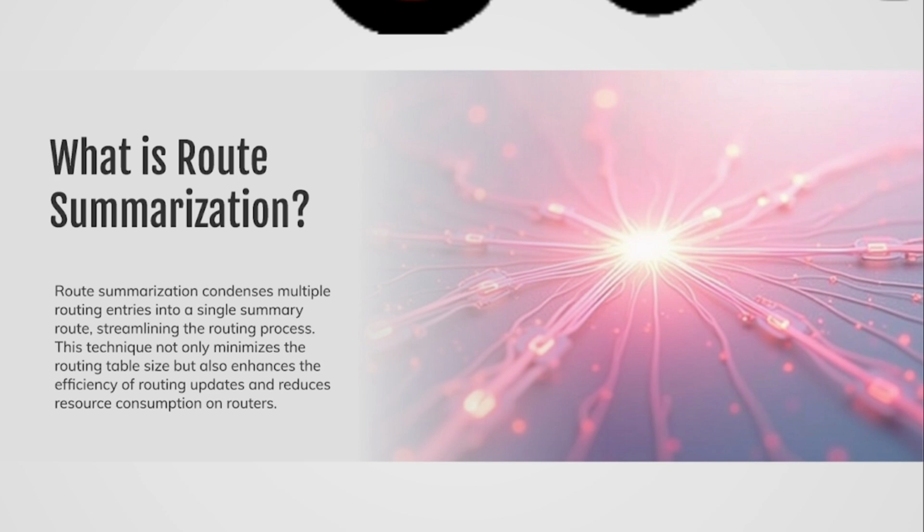This technique not only minimizes the routing table size, but also enhances the efficiency of the router, because if it has to send routing updates one by one, then definitely it has to use more processing power. If it doesn't need to do that, its efficiency will increase and it reduces resource consumption on the router.